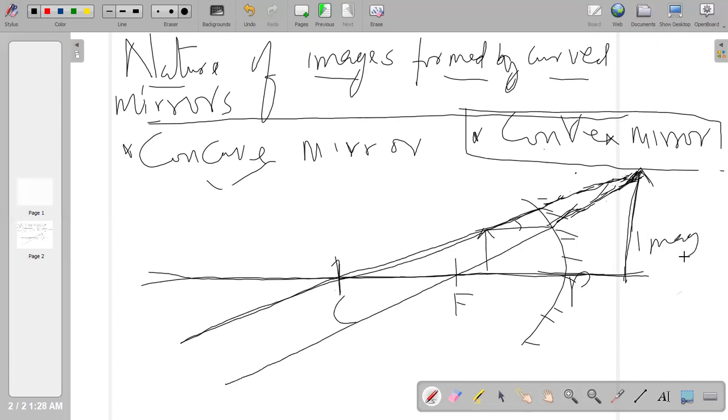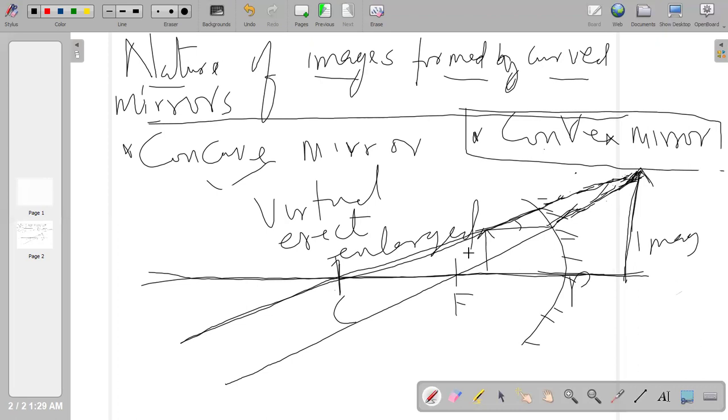So the image is virtual, erect, and enlarged. Virtual in the sense that it cannot be captured on the screen because light is not passing through it.